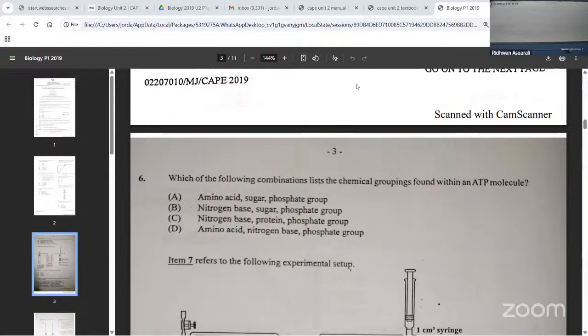Right, so Jana says T. Okay, so these: amino acid, nitrogen base, and phosphate group.